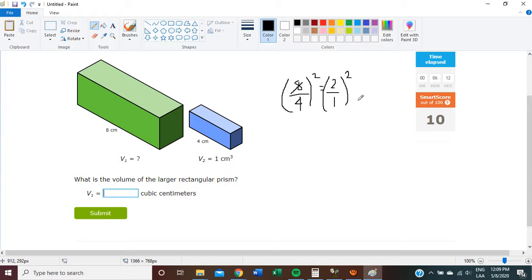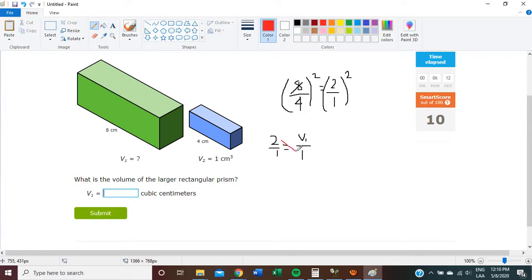Okay, so we have this. Now 2 divided by 1 equals V1. I don't know what the value of V1 is, and V2 I know that is 1. Okay, so remember what to do.